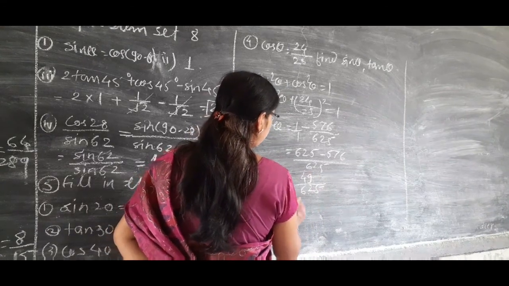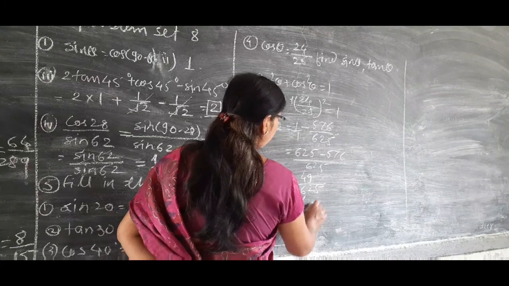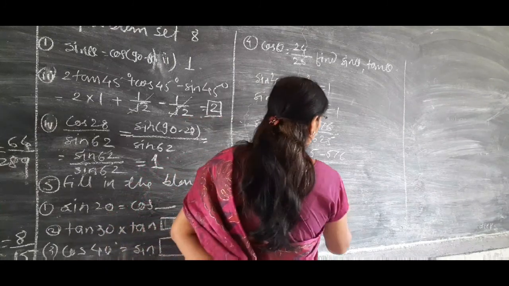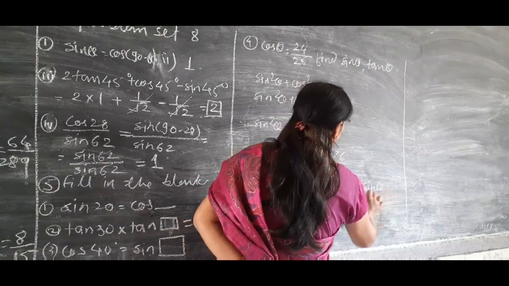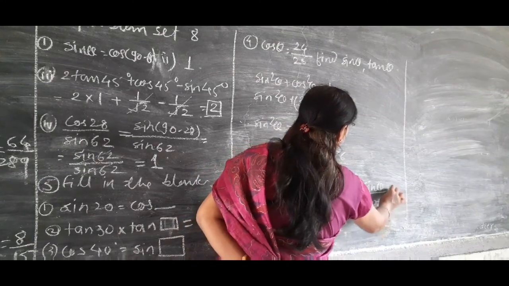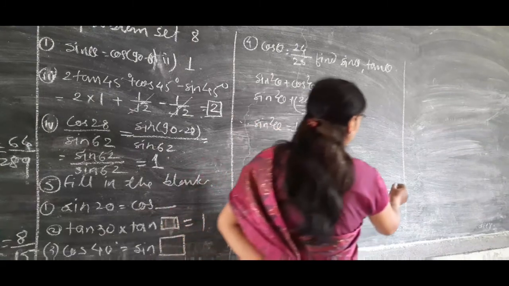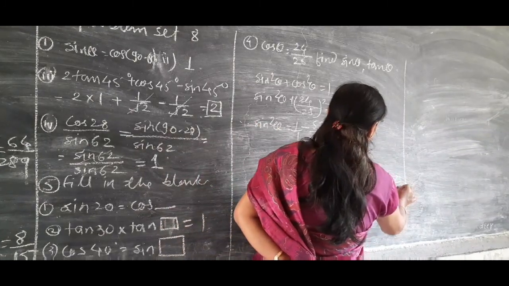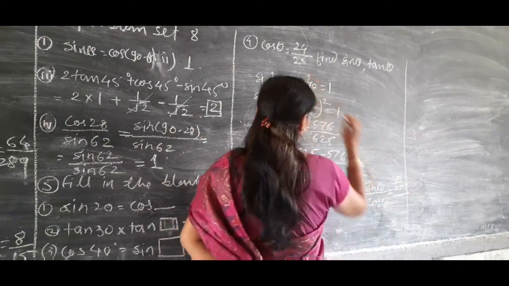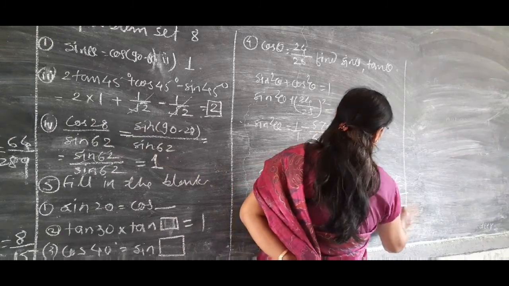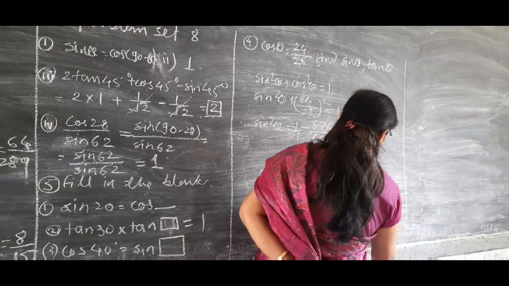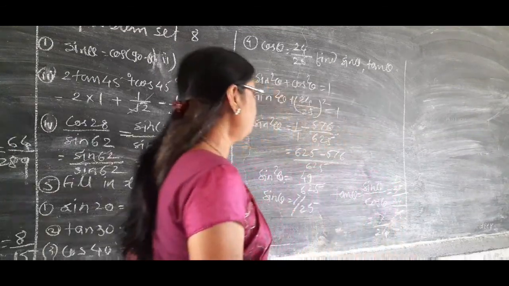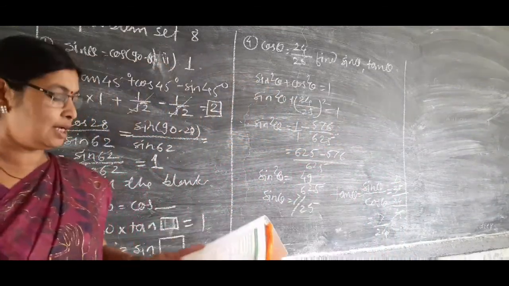So sin theta is 7 upon 25. And then you have to find out tan. Tan is equal to sin upon cos. Now sin is 7 upon 25, and cos is 24 upon 25. 25 will be cut. What is your answer? 7 upon 24.